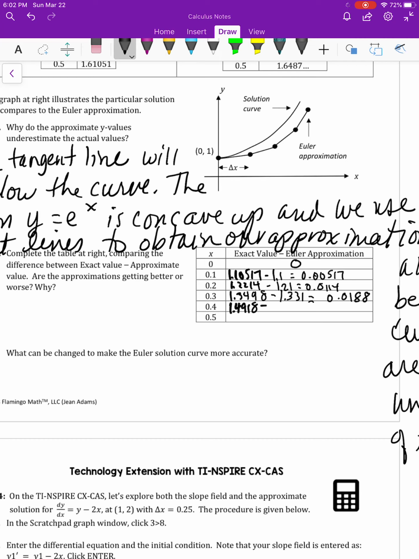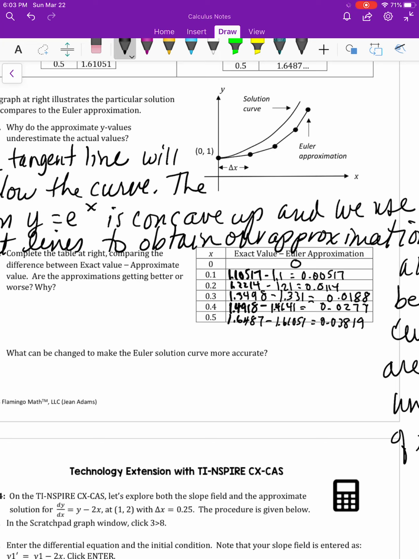For 0.4, 1.4918 minus 1.4641, I get 0.0277. For the last one, 1.6487 minus 1.61051, and I get 0.03819. And you can see that they are getting worse.